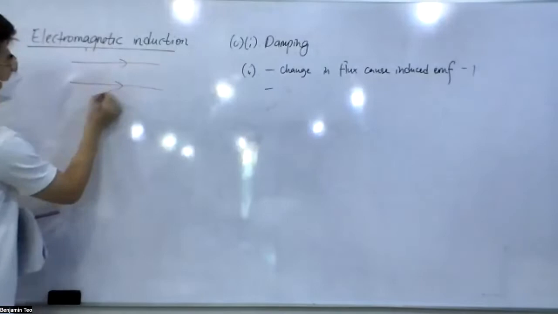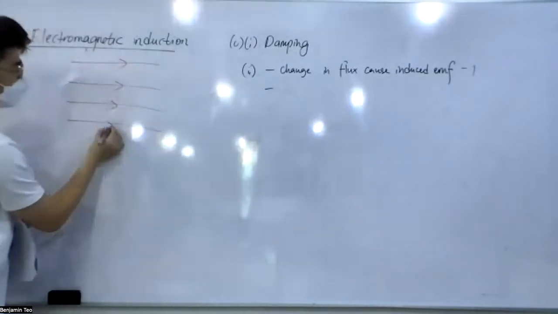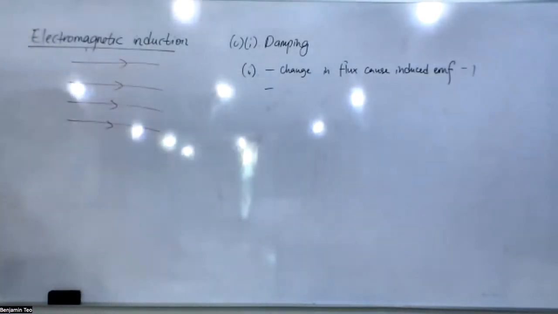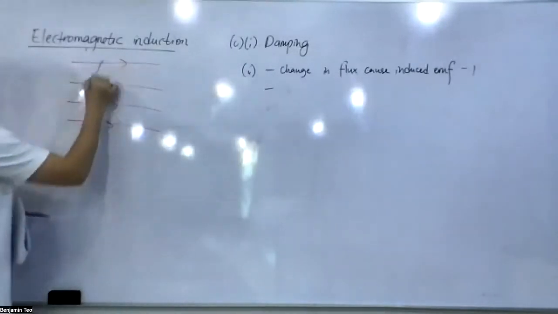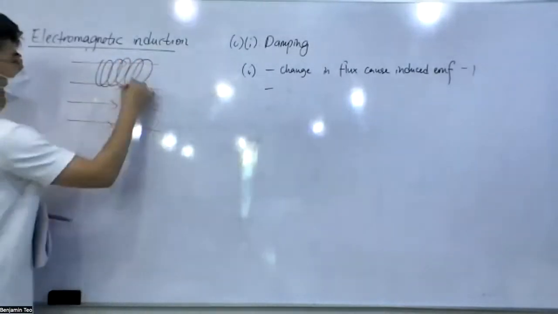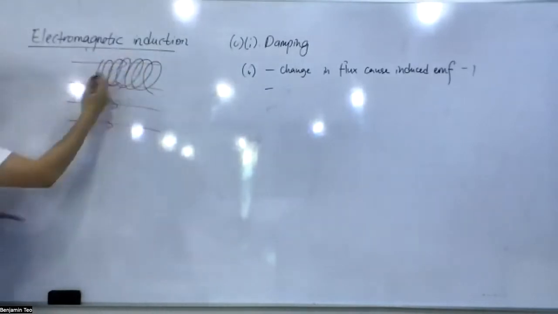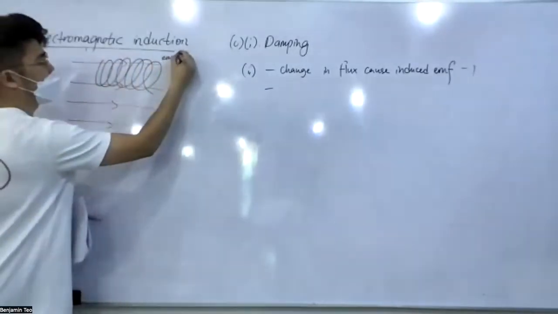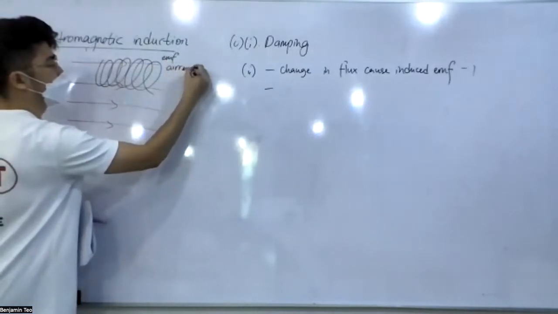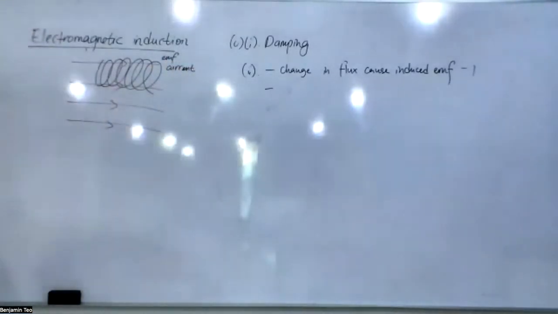It can be from a magnet, from a current, anything. I put a coil inside. There is a linkage. The change in the linkage induces EMF and current in the coil, in the solenoid.